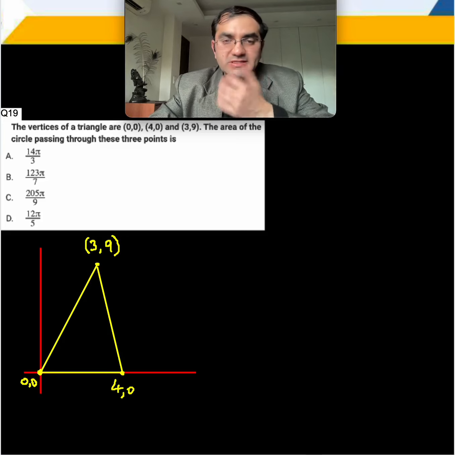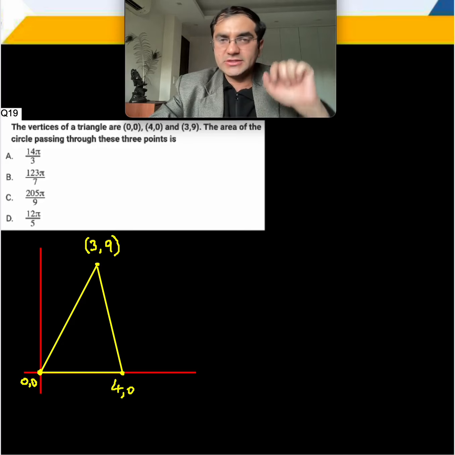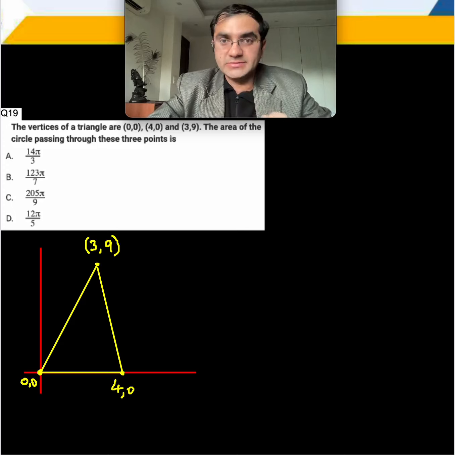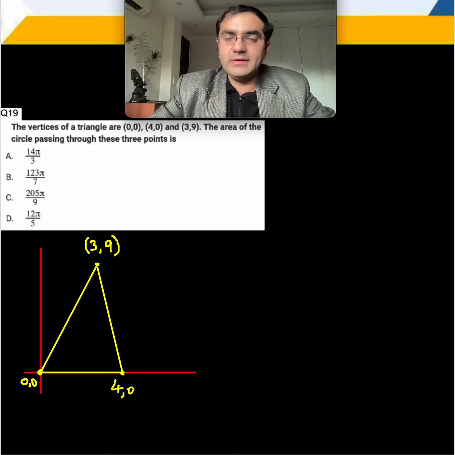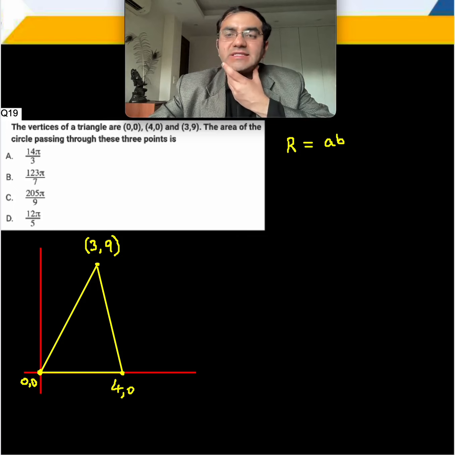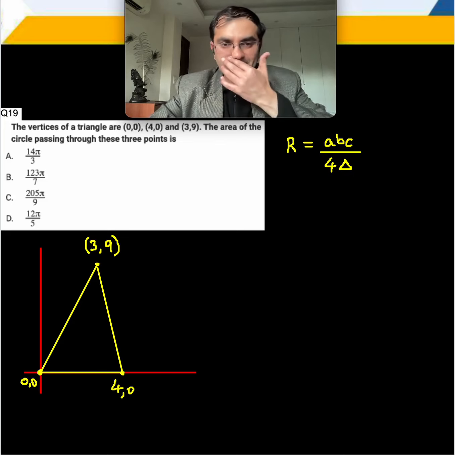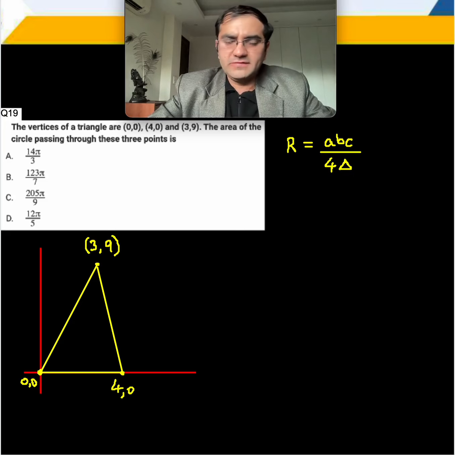The area of the circle passing through these 3 points would become its circumcircle, whose area can be written as pi R square, and the radius is called circumradius capital R, whose formula is given as abc upon 4 delta, where a, b, c are the lengths of the sides of the triangle, and delta is the area of the triangle. So I can find all of this information with the current coordinates provided.